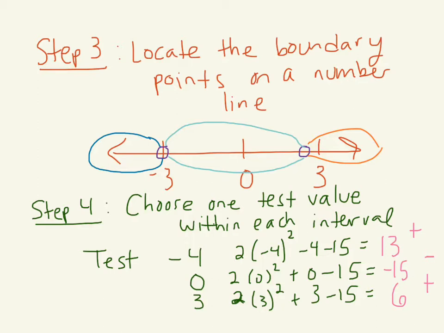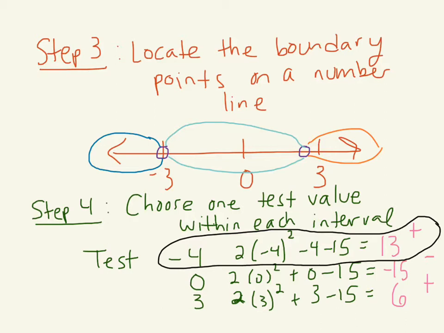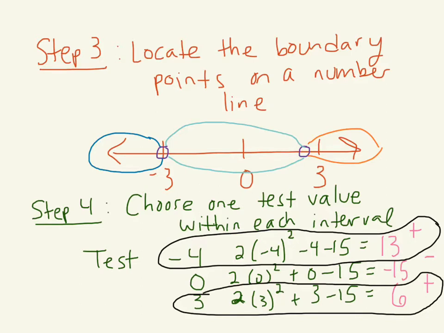Absolutely, they were -4, that resulted in a positive value, 13, and 3, that resulted in a positive value of 6. Okay, so what does that actually mean if I'm choosing those numbers? That means I'm going to shade where those numbers fall. So -4 falls in this region out here, so this is where I'm going to shade.